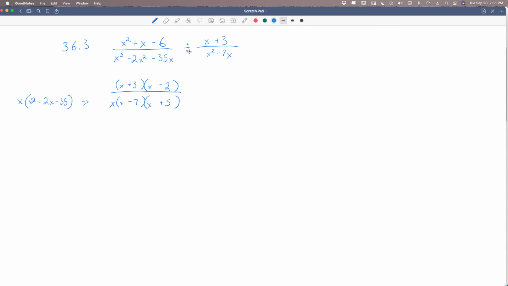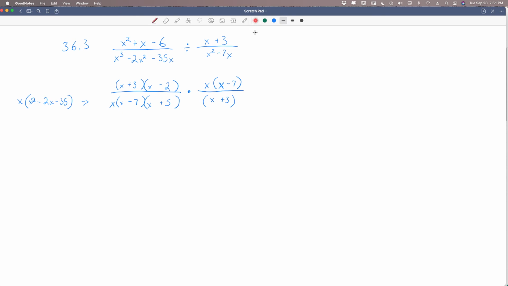All right, so now I'm going to change this to multiplication, and flip it. This can't be factored at all, so we're just going to write x plus 3 down here, and I'll put parentheses around it just to make it look like everything else. And this, we can only factor one way, and that's x minus 7, just like that, right? So those are our factors for this. Everything is multiplied against everything, so we can cancel as we want to.